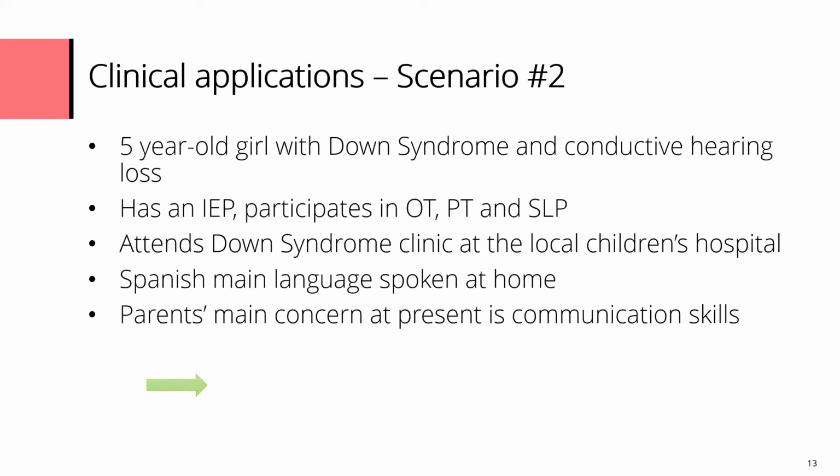Then overlaid on all of those factors, we know that her native language is Spanish. So that's another thing to consider, since that may also complicate her ability to understand what we need her to do in a test.